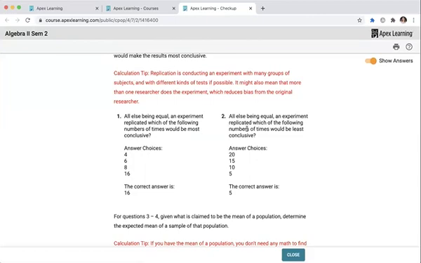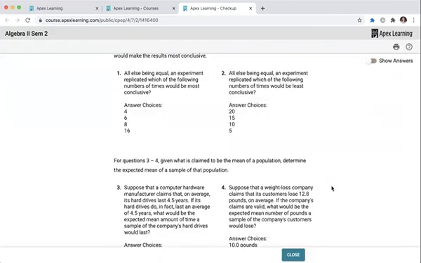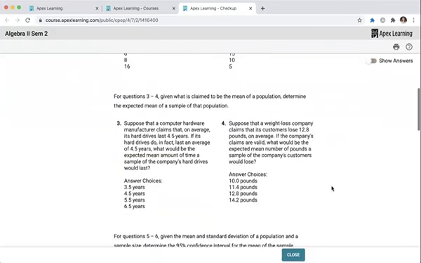In both of these cases, it's always going to be better to have more repeats, right? So more repetition is going to give you more confidence and let you make a more conclusive argument. So to be more conclusive, we'd want the highest number. To be least conclusive, that would be the lowest number, all right? So don't let that one trip you up, okay?